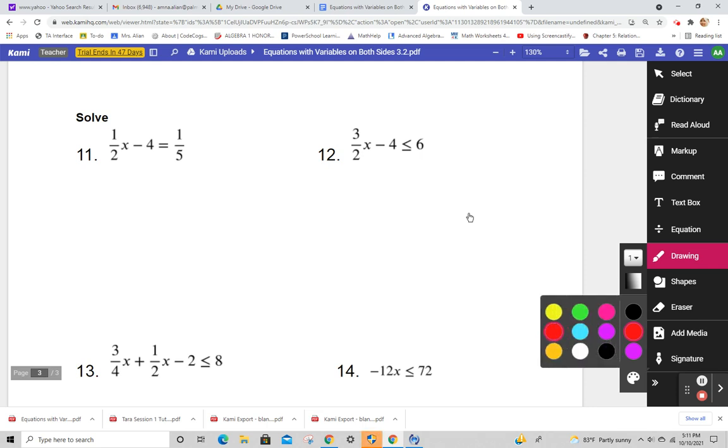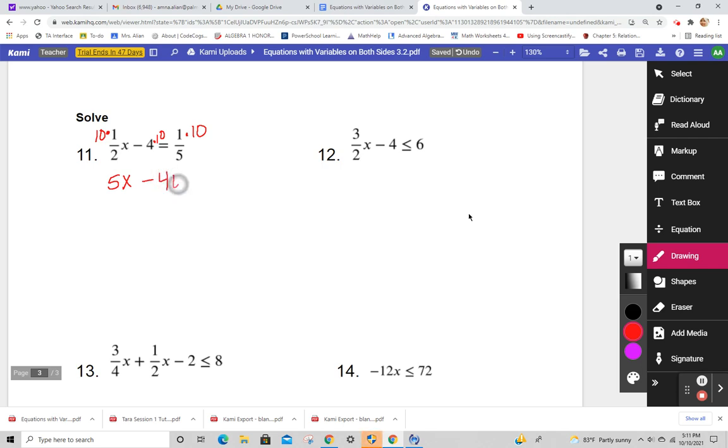All right, since we have fractions here, we want to get rid of the fractions. So we're going to use the least common multiple to help us. We're going to multiply each term by 10 to get rid of the fractions. 10 times 1 is 10. Divide that by 2. This is going to be 5x. Minus 4 times 10 is 40. 1 times 10 is 10.